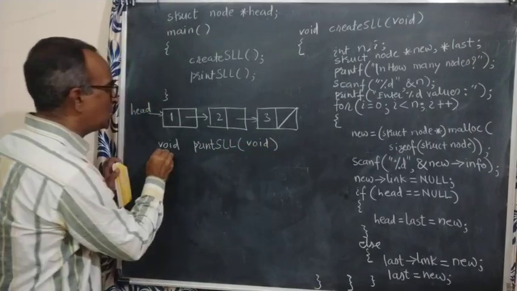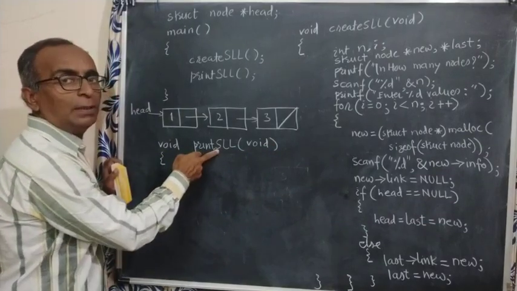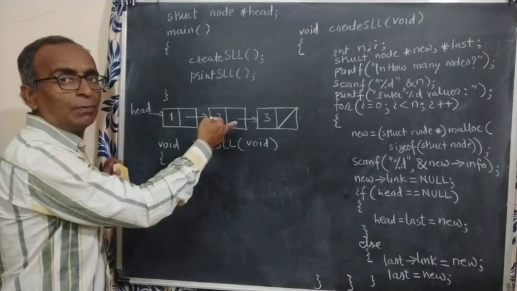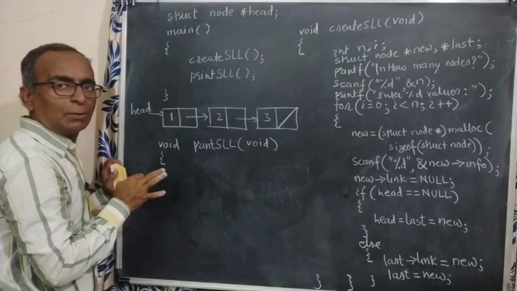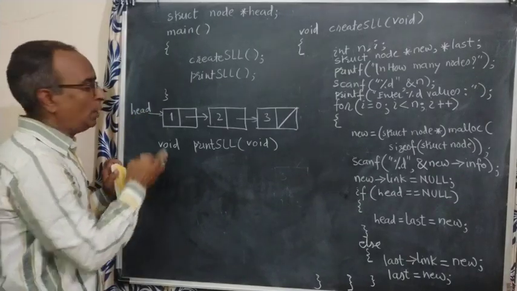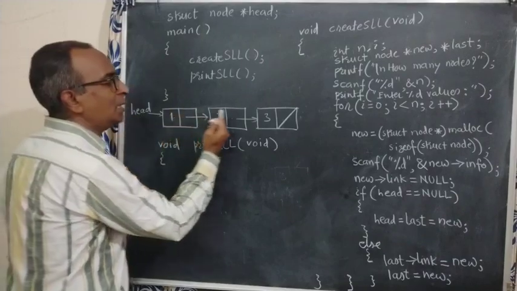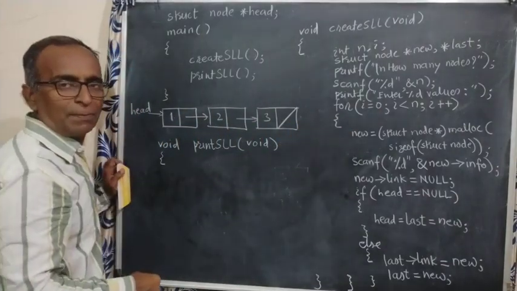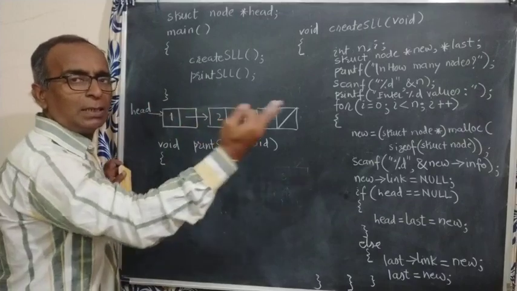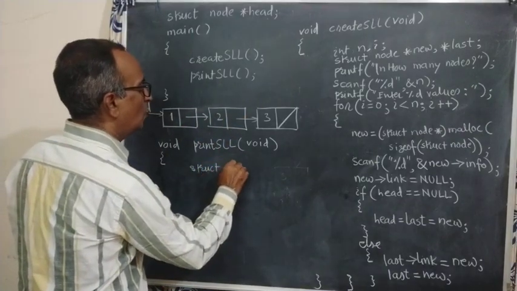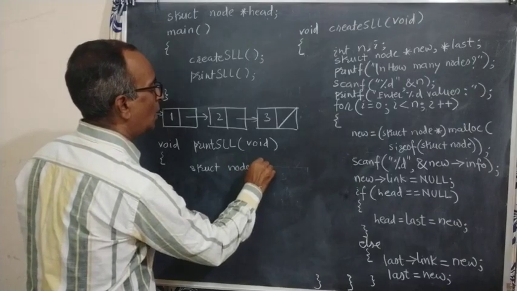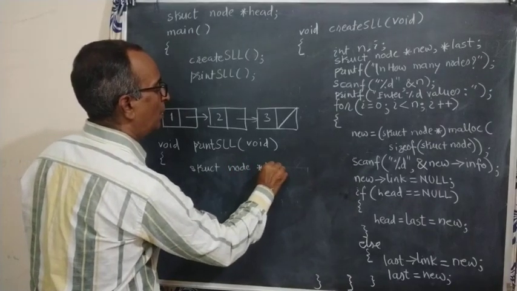So print list SLL should print the linked list which is pointed to by head at the first node. If you know this address, traversing is required and printing is required. So whenever traversing is required, take some temporary variable: struct node star temp.